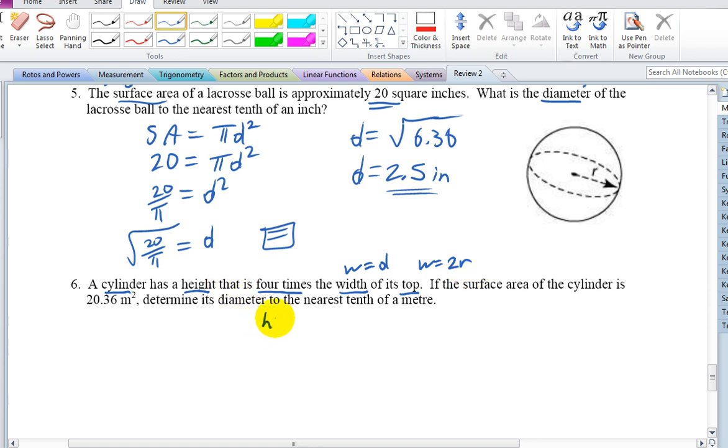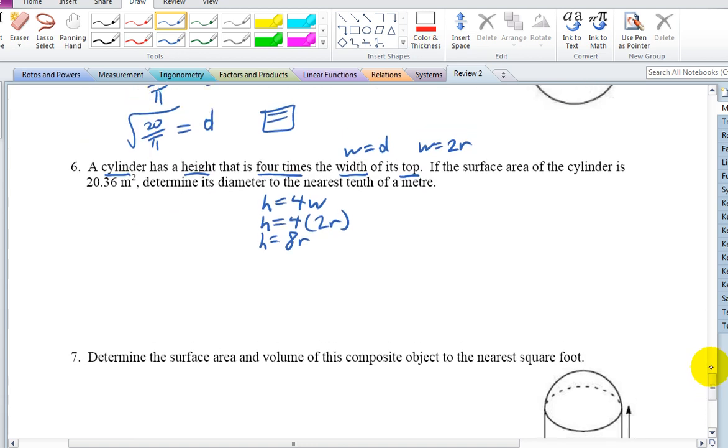Now the height equals 4 times the width. So the height would equal 4 times 2r. So the height equals 8 times r. That's the little trick here. They're really messing with you to figure out your height.